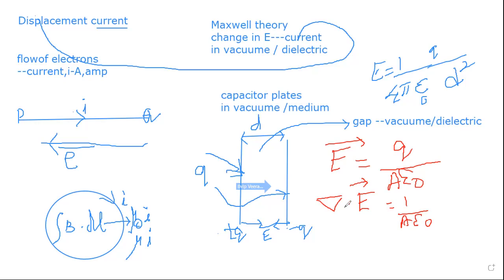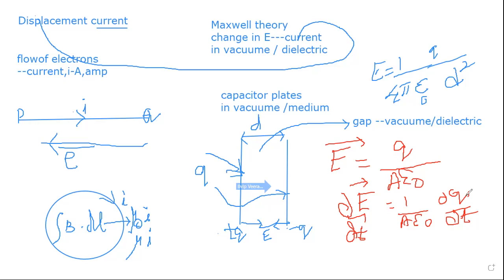So I will write it as dou E by dou t. Instead of taking the divergence, first I will take dou E by dou t, then we will take the divergence. Q is changed, so dou Q divided by dou t. This is the current which is produced due to the change in electric field.